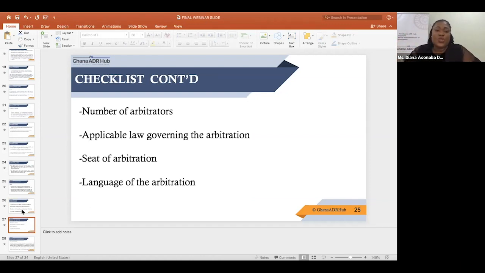And then you also want to be sure of the applicable law governing the arbitration itself, so that you can decide to set up a different law regarding the seat of arbitration, the law that will be applicable in terms of any procedural challenges. You also want to determine the substantive law that applies to the arbitration itself. I've talked about language.